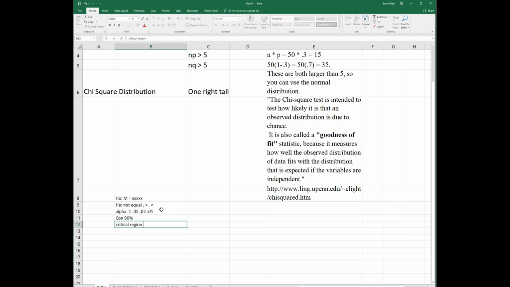After we determine the critical region and the Z value, for example, I'm going to base this example on Z. Assuming we have a 95% confidence level, that means alpha is 0.05.